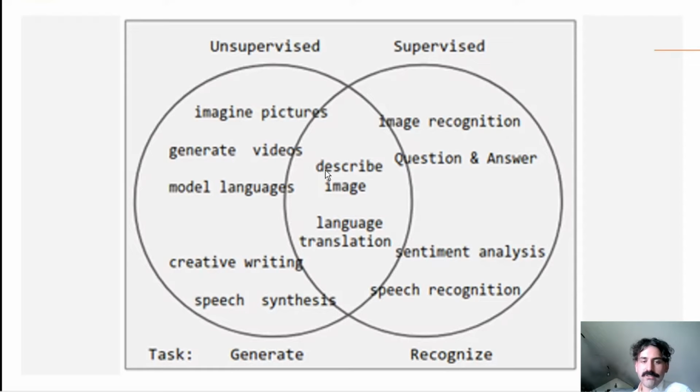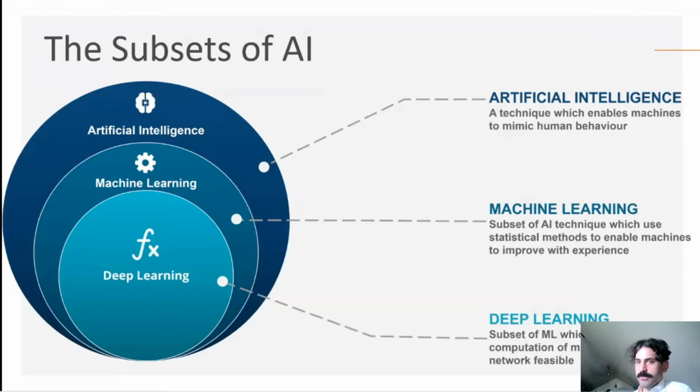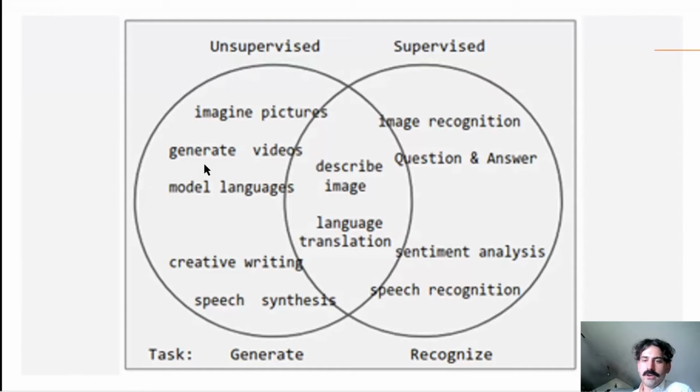To also generate videos. I wish I had a video example, but people take black and white videos and colorize them using neural networks, and it's all very interesting. Language modeling, which my colleagues Nikoloz and Makho will talk about after my presentation.